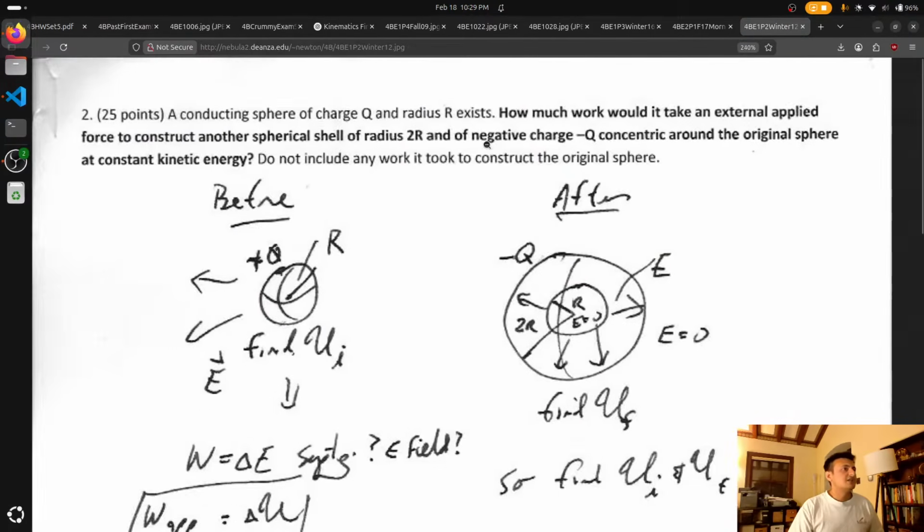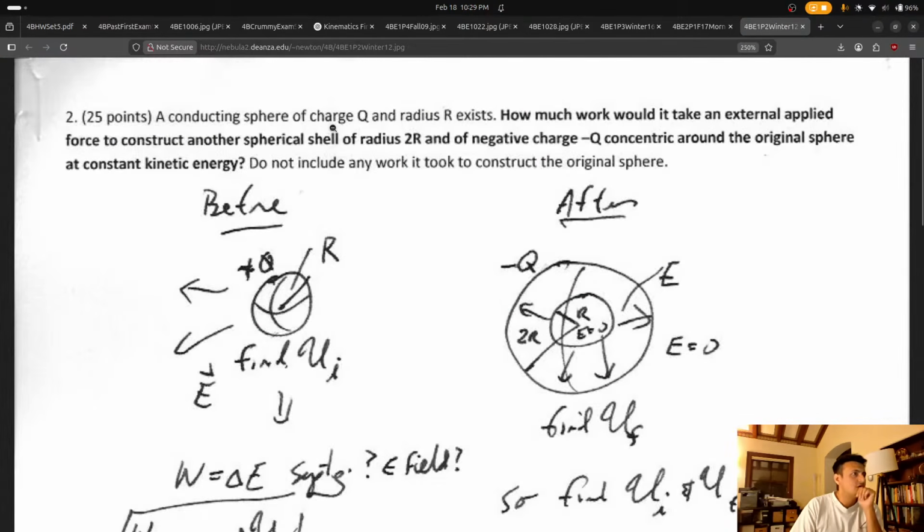Okay, a conducting sphere of charge q and radius r exists. How much work would it take an external applied force to construct another spherical shell of radius 2r and of negative charge minus q concentric around the original sphere at constant kinetic energy?